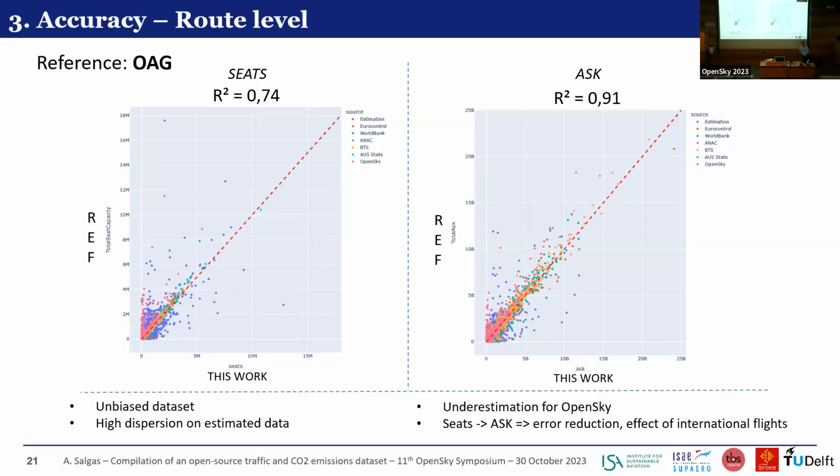Because we've used OpenSky data of 2019 in this work, I guess today with an extended coverage, it will be much better, and that will be very interesting to look at. And the fact that switching from seats to ASK improves the R square means, I think, that the longer flights are better estimated than shorter flights, and switching to ASK gives more importance to longer flights.